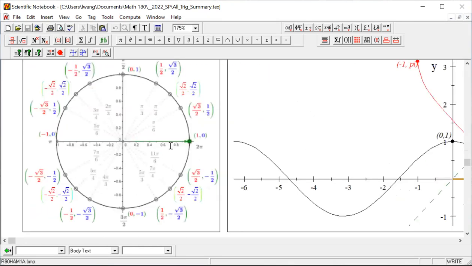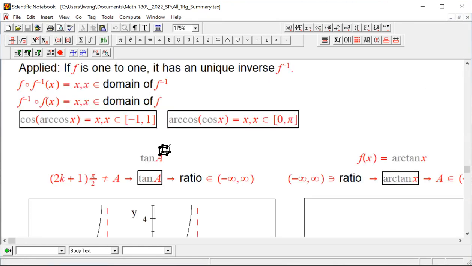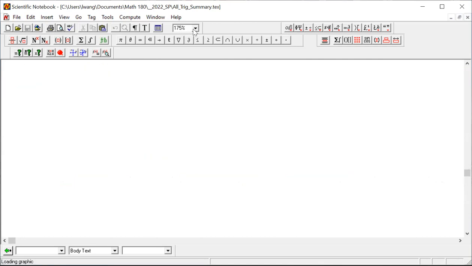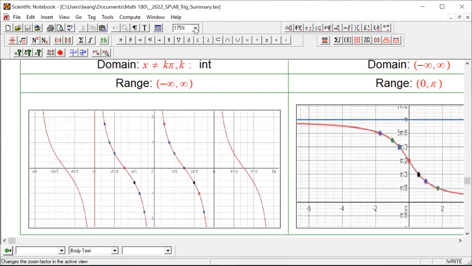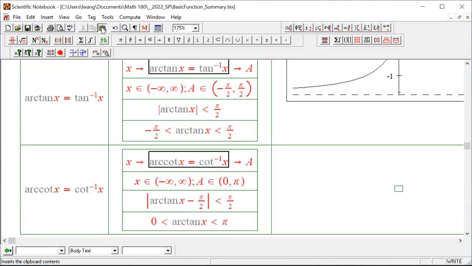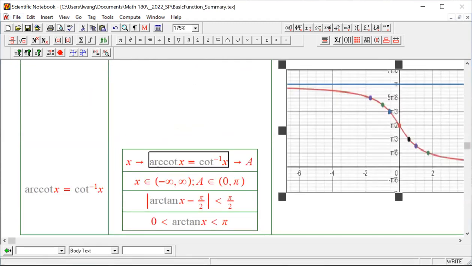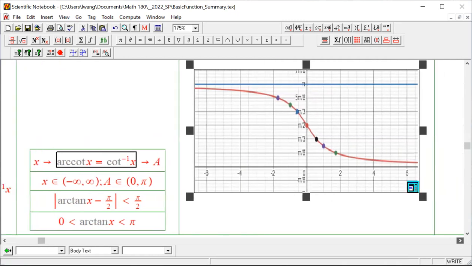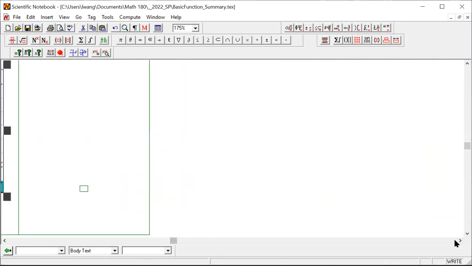Okay, at the trig summary. This is it. This is the place. So I'm going to take this picture to fill that gap. So this is our arc cotangent.